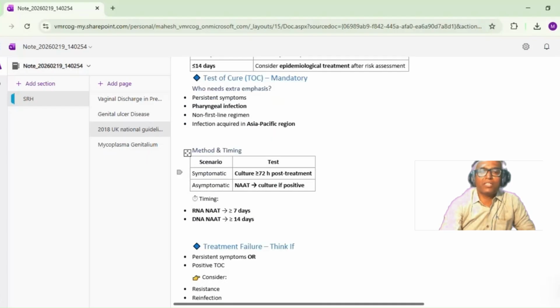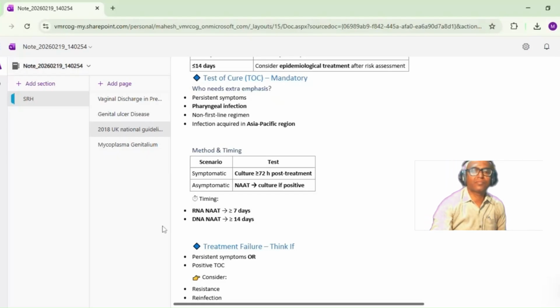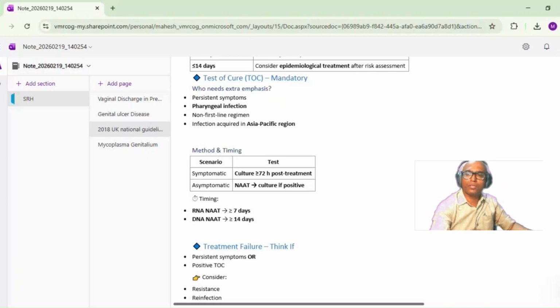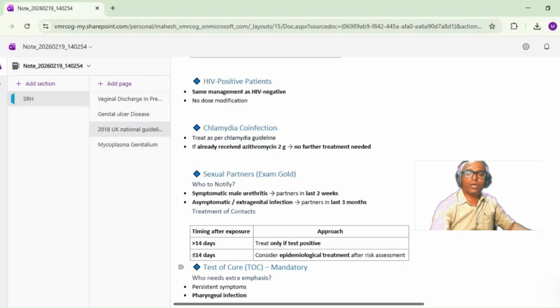So partner testing is different for males as well as females. For males, it is only up to 2 weeks, and for females, it is 3 months. Partners in the last 3 months.